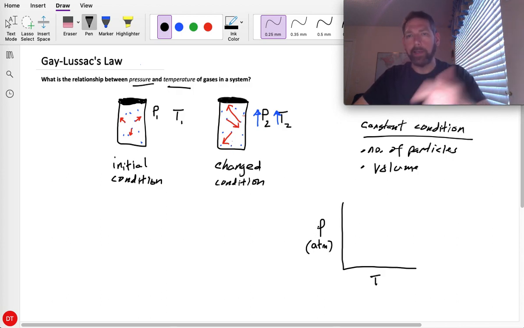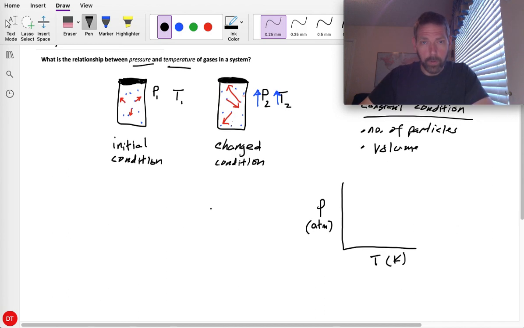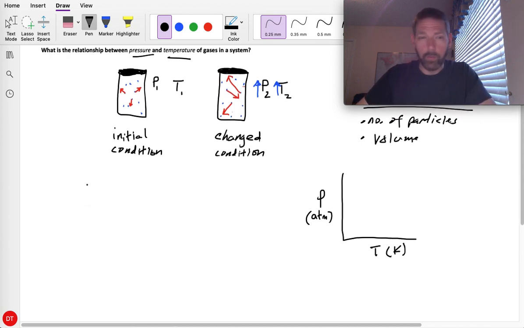So it's just a standard. At sea level we're at an average of what we define as 1 atmosphere, right? And then temperature has to be converted to Kelvin. That's a capital K, not lowercase k.